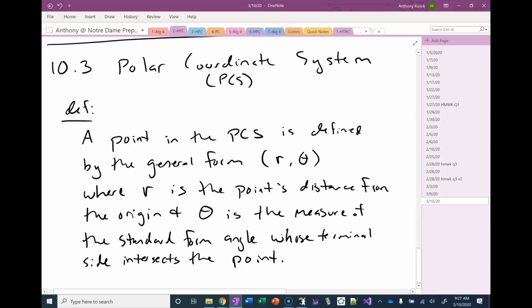So we say a point in the polar coordinate system is defined by the general form r comma theta, where r is the point's distance from the origin, and theta is the measure of the standard form angle whose terminal side intersects that point.